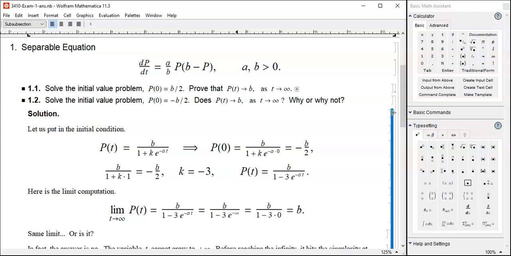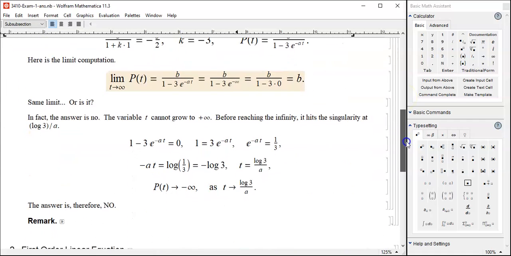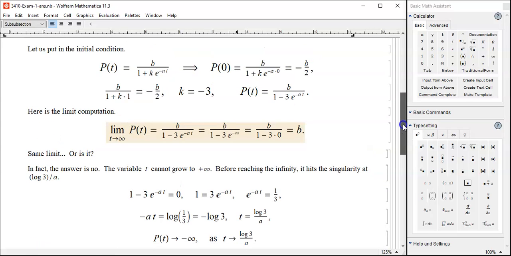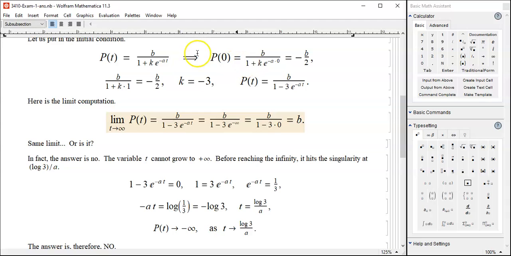And if this is a valid mathematical model, then the math part also has to support that. And here we go. We have this apparent limit computation, but is it really? Well, in fact, the answer is no, because before t goes to infinity, the denominator hits 0 first.